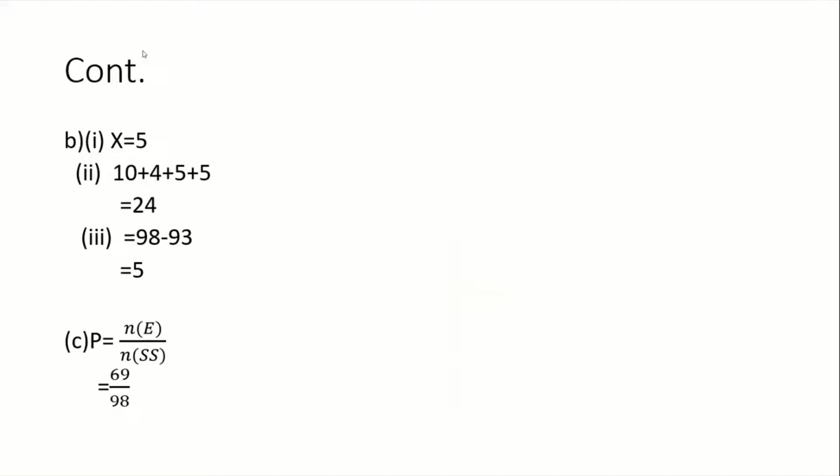So since X is equal to 5, therefore the number of those who voted for all the 3 is equal to 5.